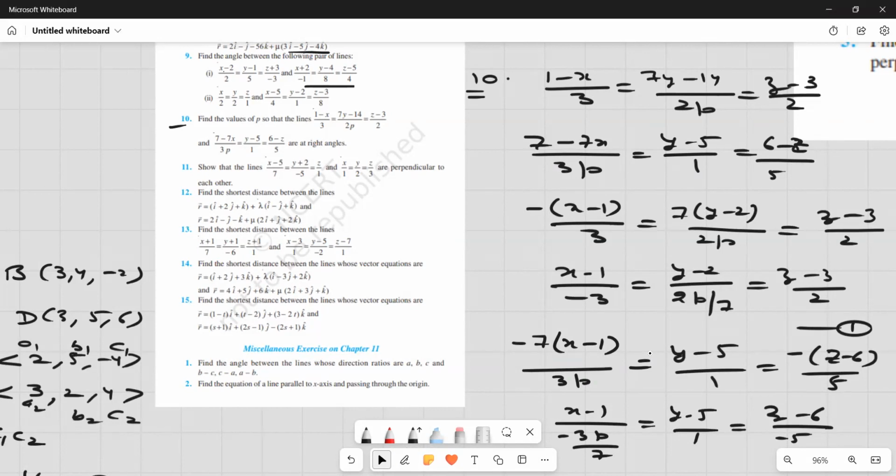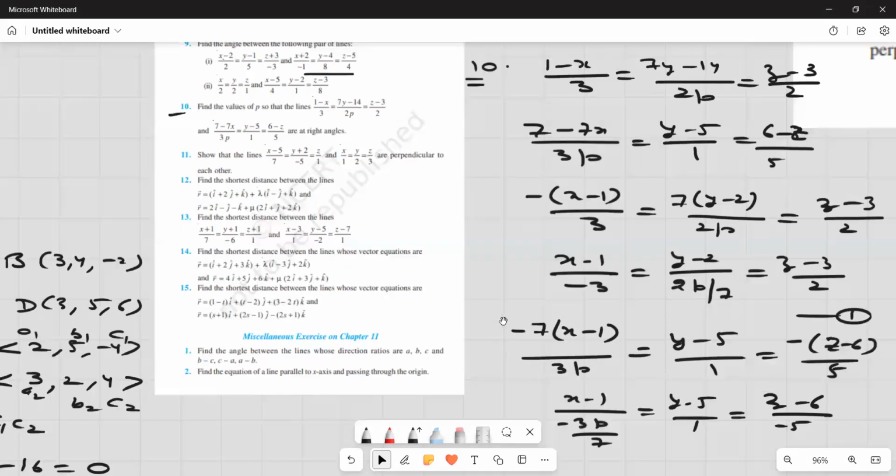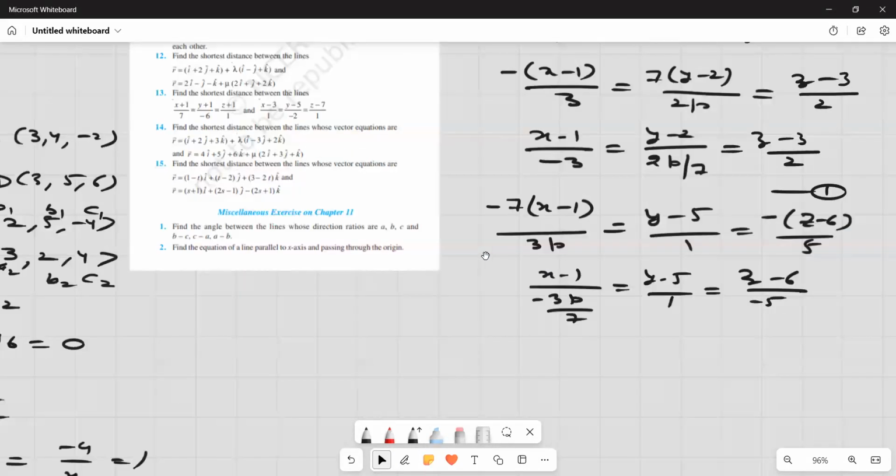Now, for right angle, the sum of the dot product will be 0, meaning A1 A2, B1 B2, C1 C2. If we add them, then that should be 0. So this into this plus this into this plus this into this should be 0.